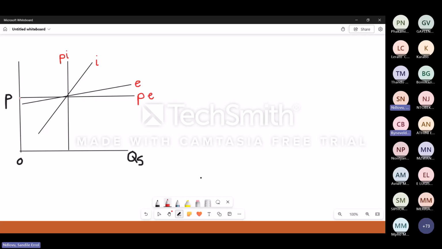Regardless of the price, okay. So here it's at a constant price. So at any price level, they'll supply. So maybe let's just assume that this is 10, okay, and this is maybe 20, and this is 30. All right, and this is maybe let's just say 5 rand. Maybe the price of banana is 5 rand.